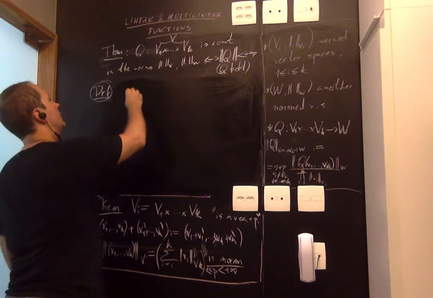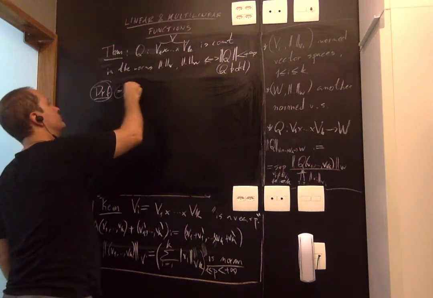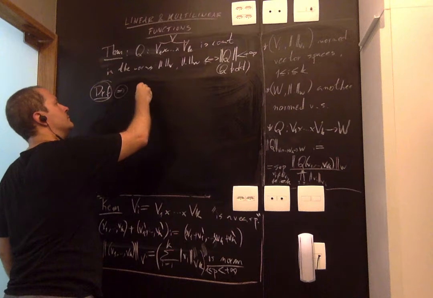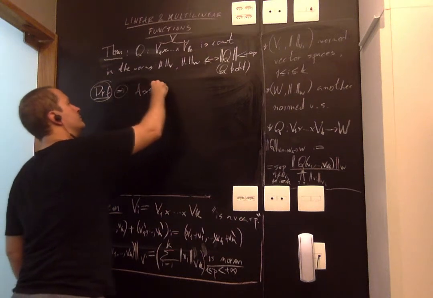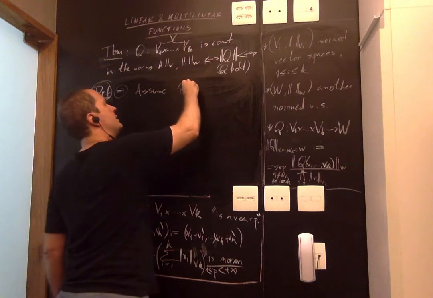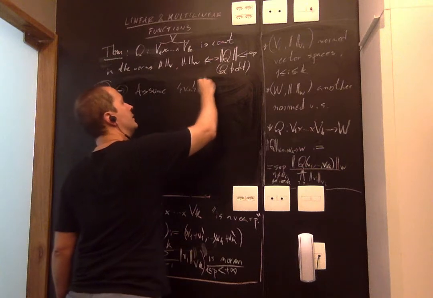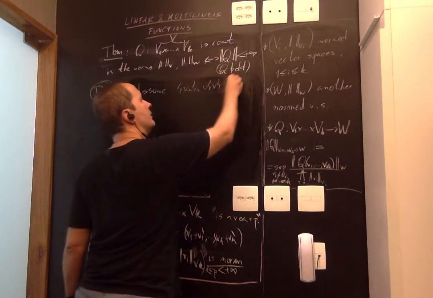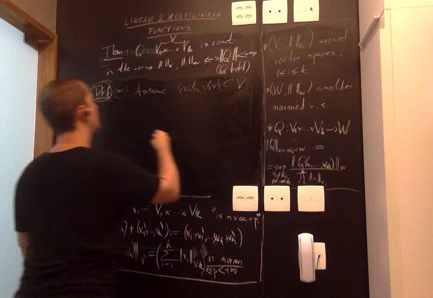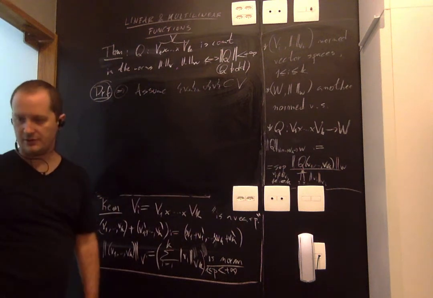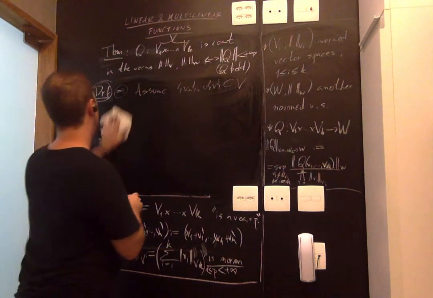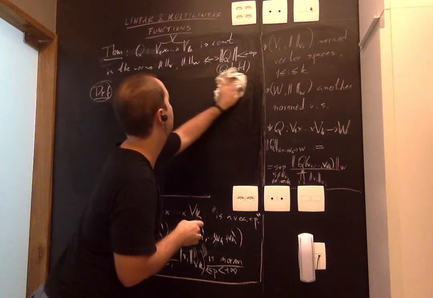So assume I have a sequence v sub n and the limiting point v, they're all contained in V. This is a bit hard to see, isn't it? So I have to write this up, if only a little bit.